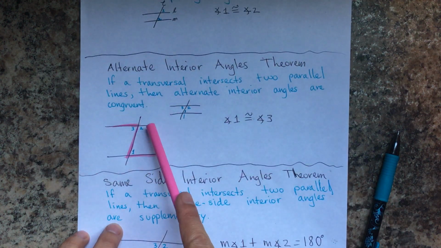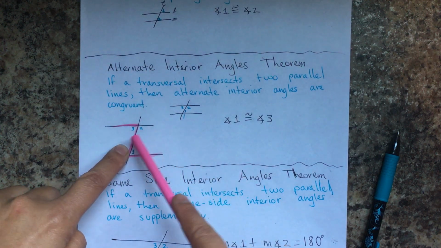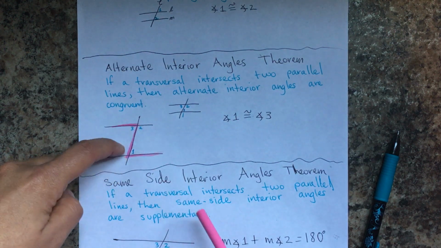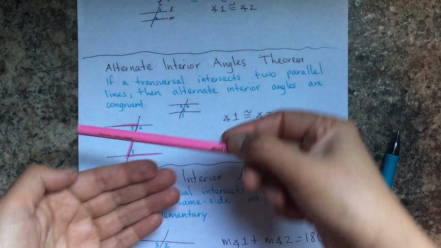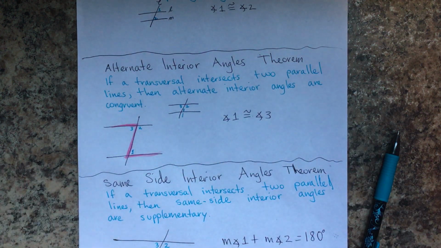So angle 2 and this other angle are also alternate interior angles because they're on both sides of the transversal and inside of the parallel lines. And they are always congruent as well.